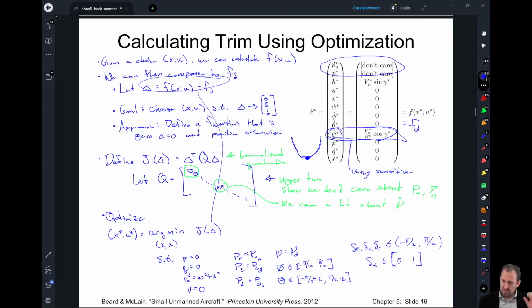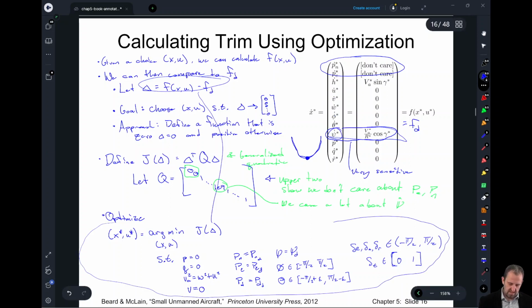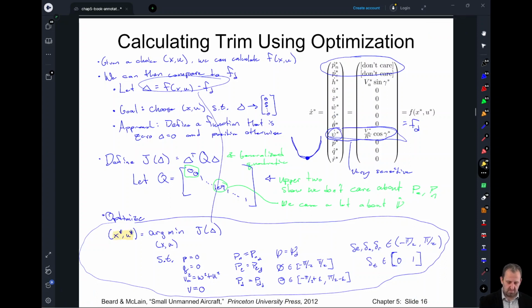Okay, so this is the optimization problem that we can plug into a standard optimizer, and it will then produce our desired trim state and trim input. Remember, the trim state is going to be these values, and our trim input is going to be these guys. So we can define that optimization problem, and then the optimizer will produce the trim trajectory for us.